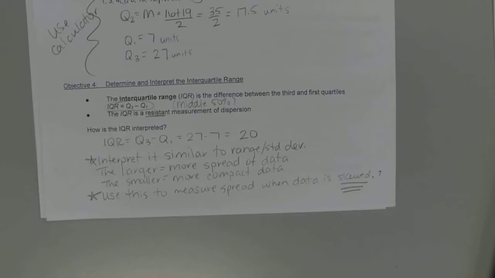Remember, skewness just means there's a really, really high value or a really, really low value pulling it one way or the other, which standard deviation would be affected by and range would be really affected by. But your interquartile range isn't. It's resistant, okay? So if you have skewed data, you want to use the median to measure the middle and the IQR to measure the spread. And I have a place somewhere where we write all that at one point.